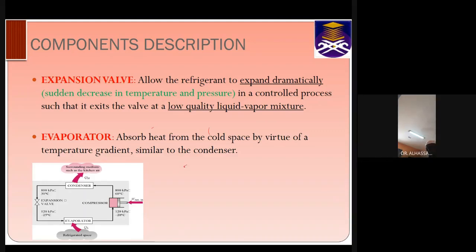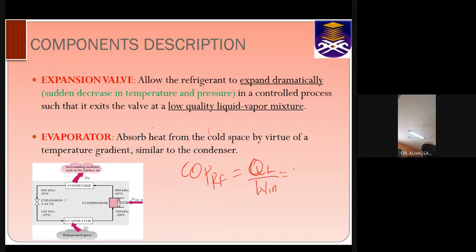Then we defined the performance criteria for the refrigeration cycle, in which we mentioned that the COP for a refrigerator is given by the desired output, which is QL, divided by the required input. The required input is the work input to the compressor.